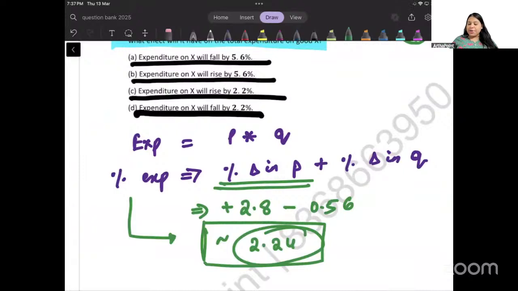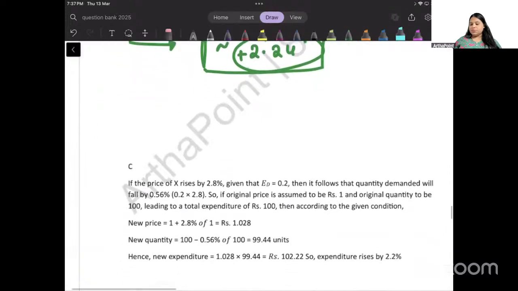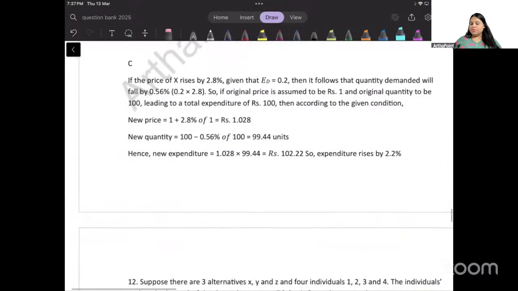And because यहाँ पे एक positive sign आ रहा है, answer will be C. This is an approximate formula you can use. ठीक है. Answer will be C to this question.